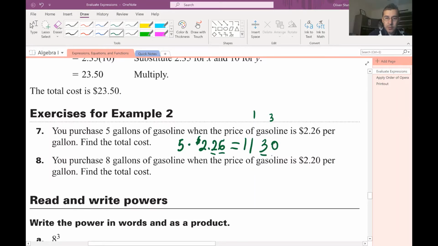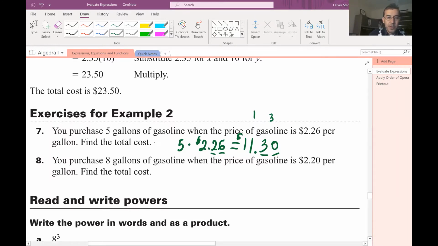So it's 11.30, the total cost, okay? So the total cost is $11.30. That's for 5 gallons of gasoline, because each gallon is $2.26. So you just multiply them.